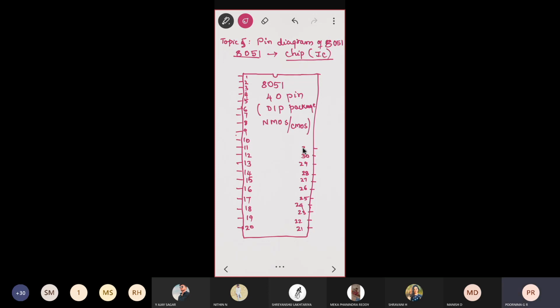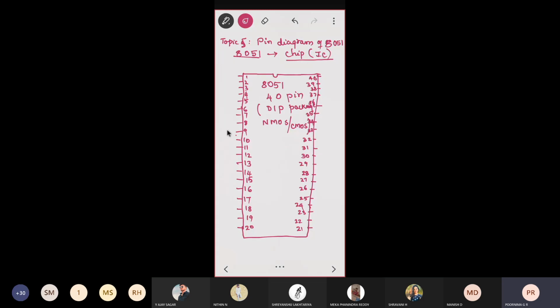Here you can see 31, 32, 33, 34, 35, 36, 37, 38, 39, and 40. Okay, this is the pin diagram of your 8051.